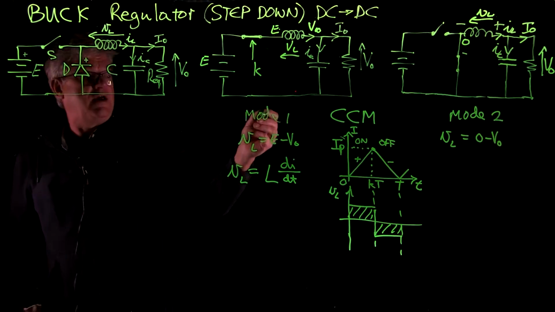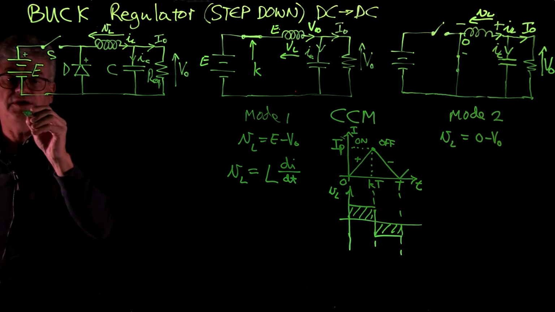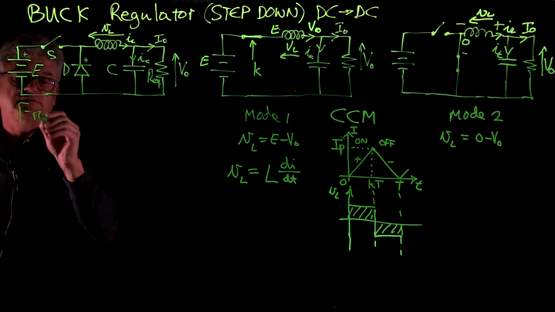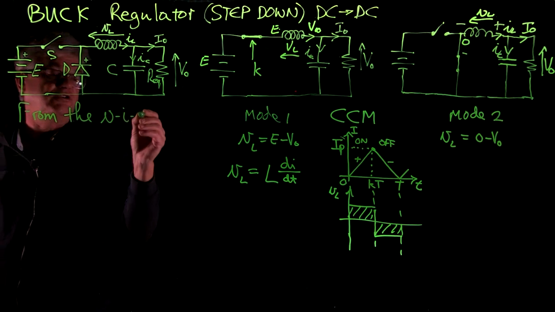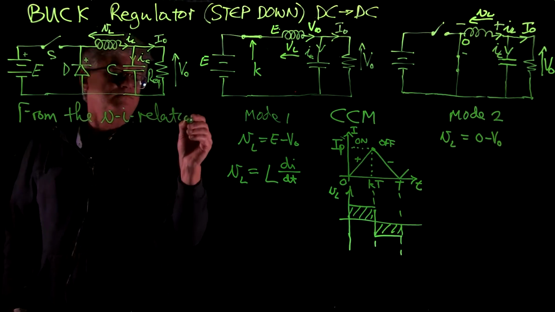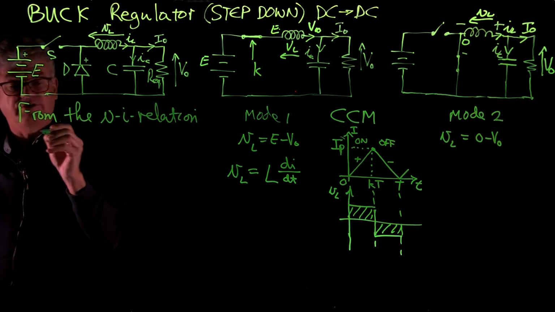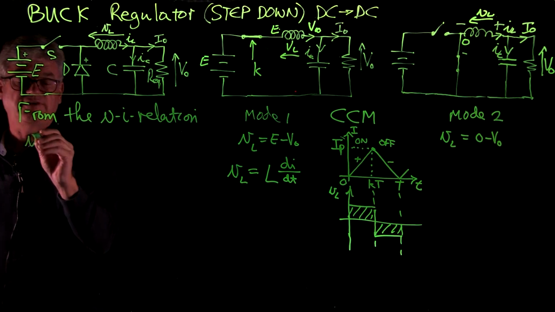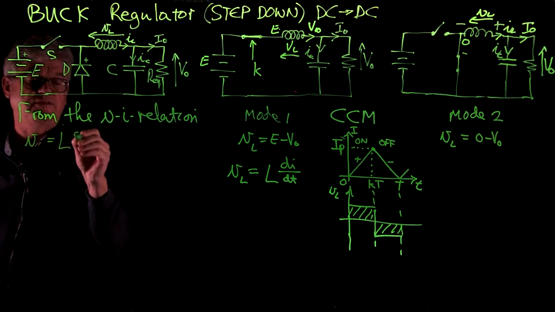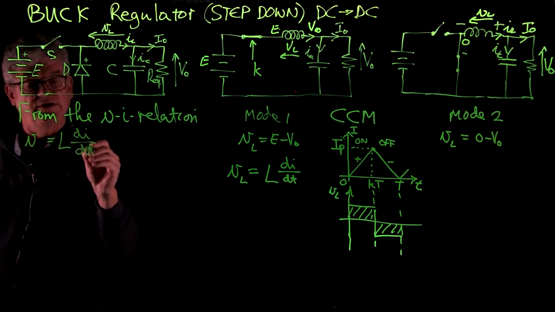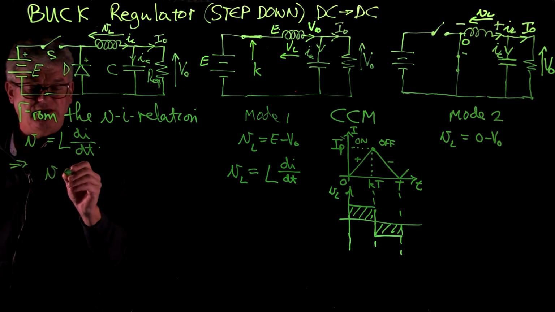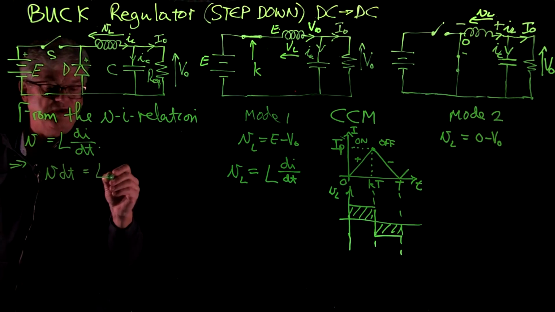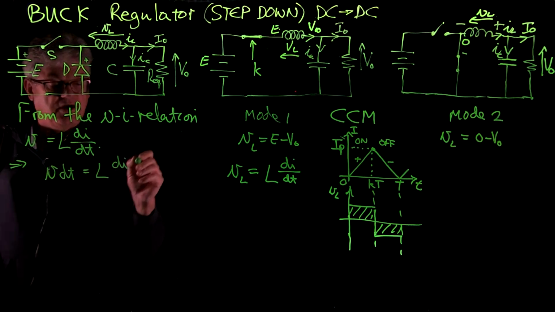So taking mode 1 and from the VI relation of the inductor, we have that V is equal to L di dt. Therefore, V dt is equal to L di.